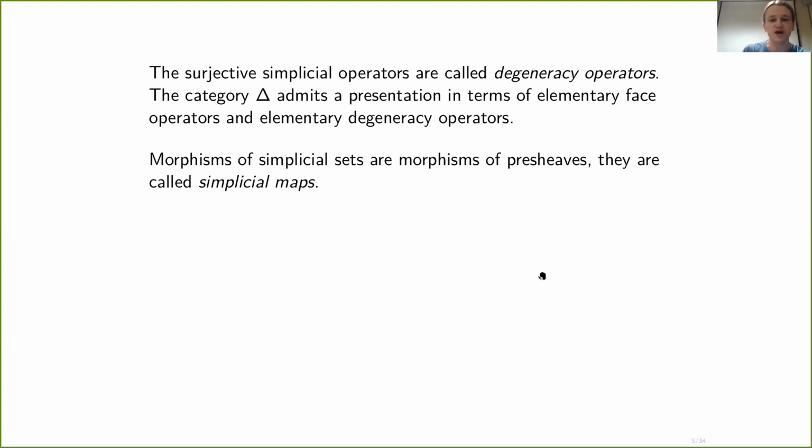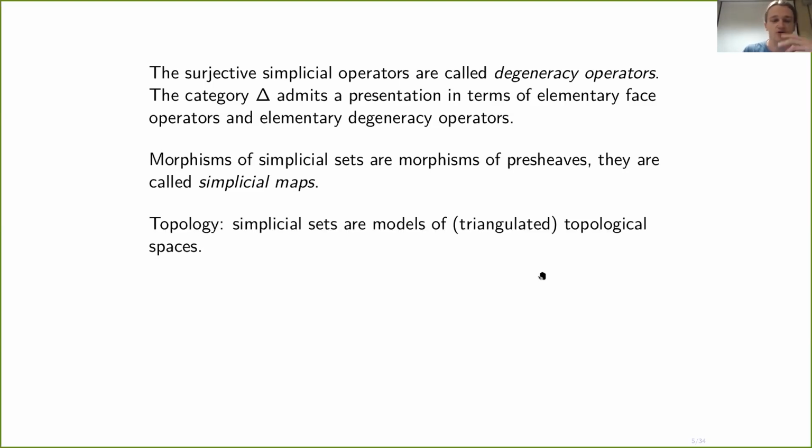So the motivation behind this definition, well, originally it was a topological motivation. Basically, we think of these simplicial sets as modeling triangulated topological spaces.